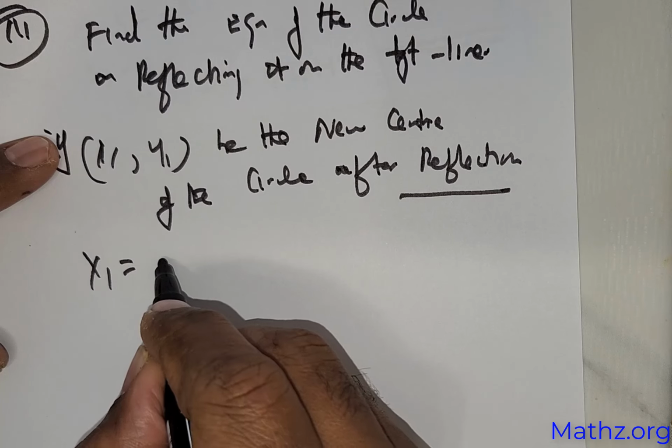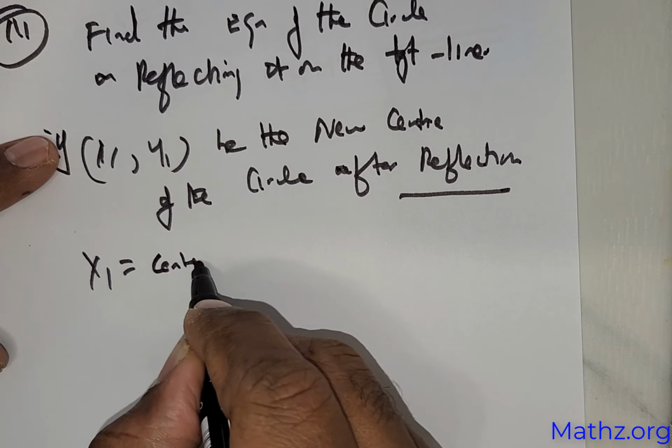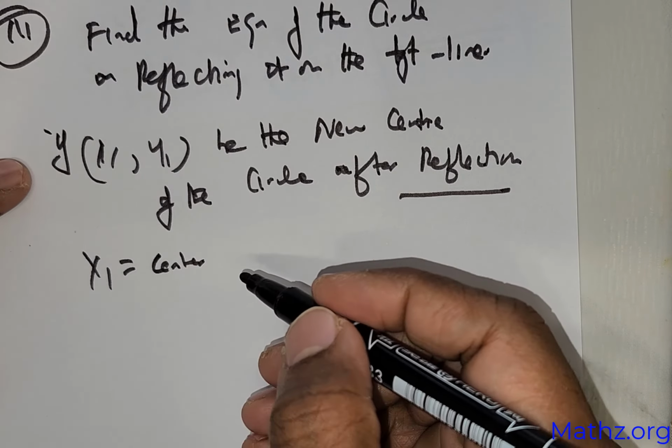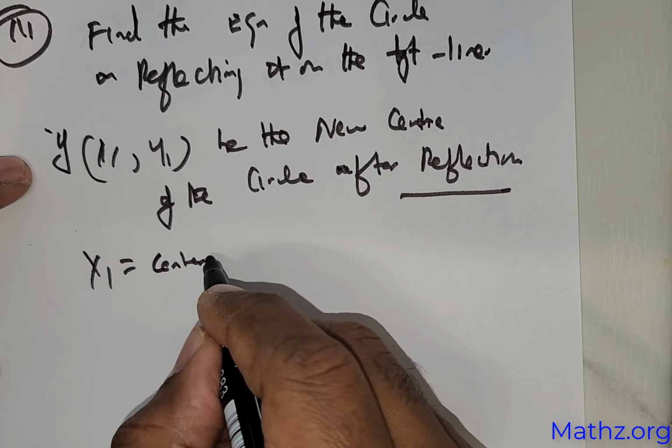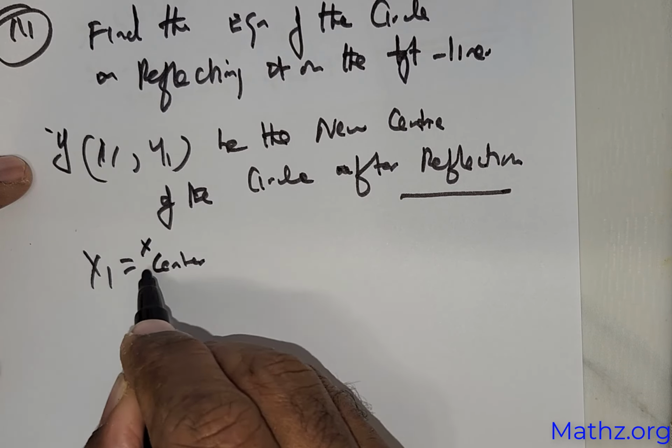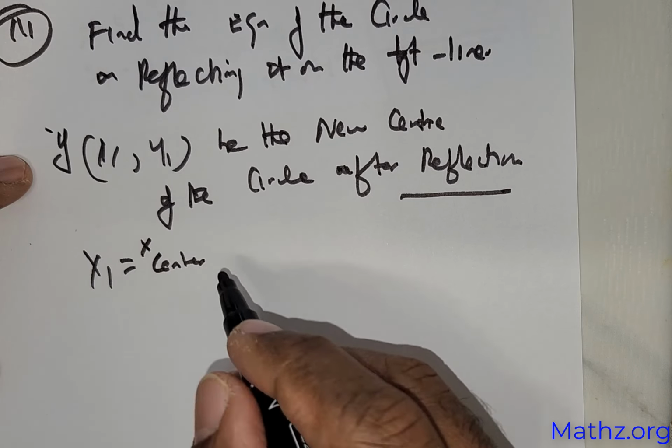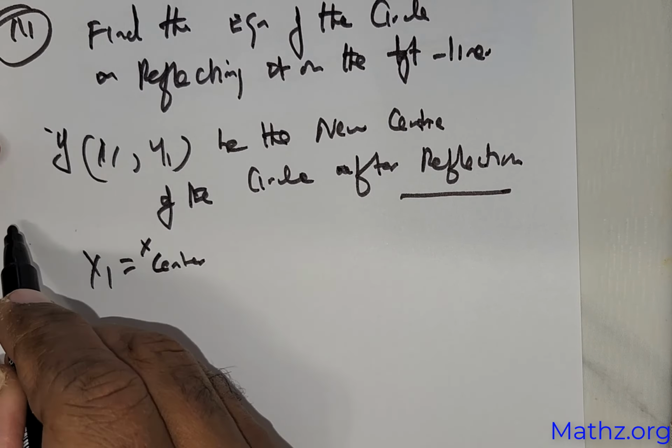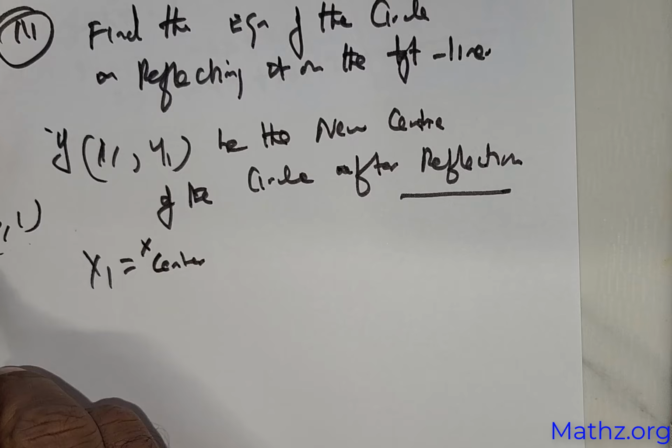This is going to be the center of the original circle, and I would just say x center, meaning we are taking the first coordinate.